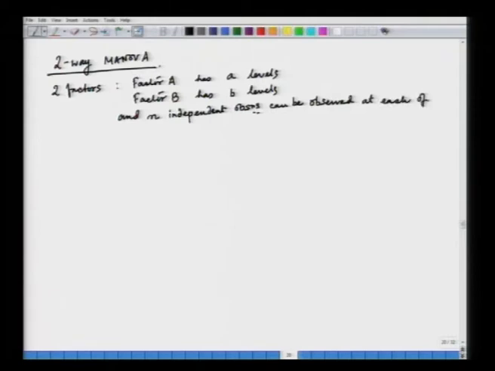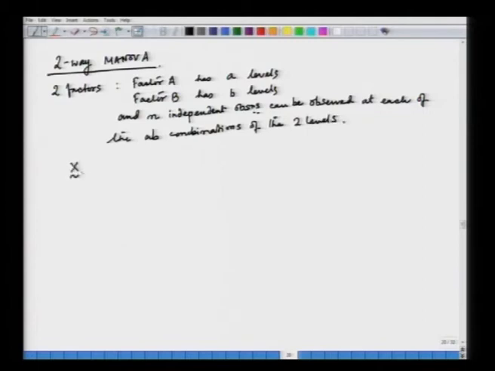So it is a two-way classification, and there are AB such classes. So I have n independent observations at each of the AB combinations of the 2 levels.